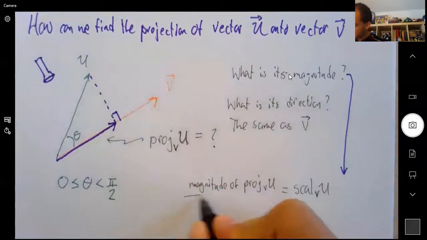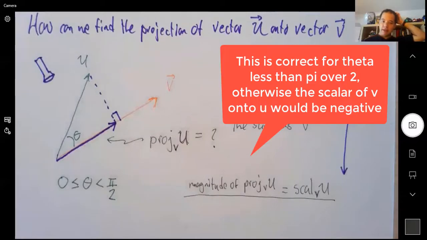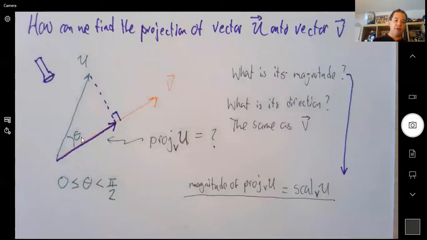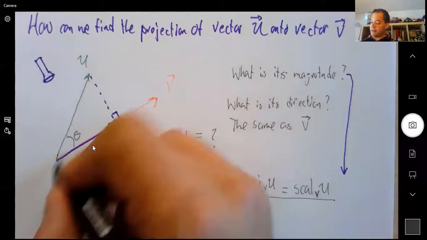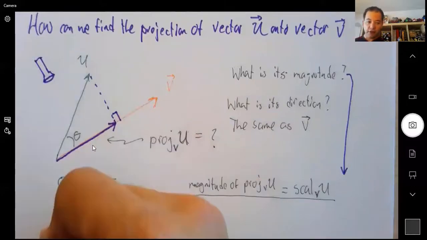All right. And let's figure that one out. That one is also not that difficult, right? How do we do it? Well, we are going to use the cosine of the angle. So we have a right triangle right here. And from this right triangle, what is the cosine of theta?